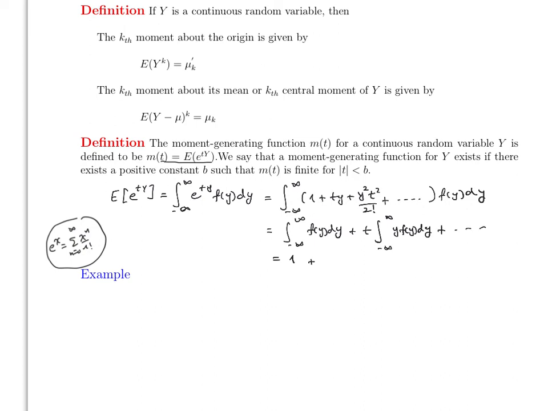So notice that this will be t times mu 1 prime, which is the first moment. Then you're going to have t squared over 2 factorial times mu 2 prime, which is the second moment, and so forth. So you take the derivative and set t equal to 0, and you will get the moments. Okay, same thing we did before.